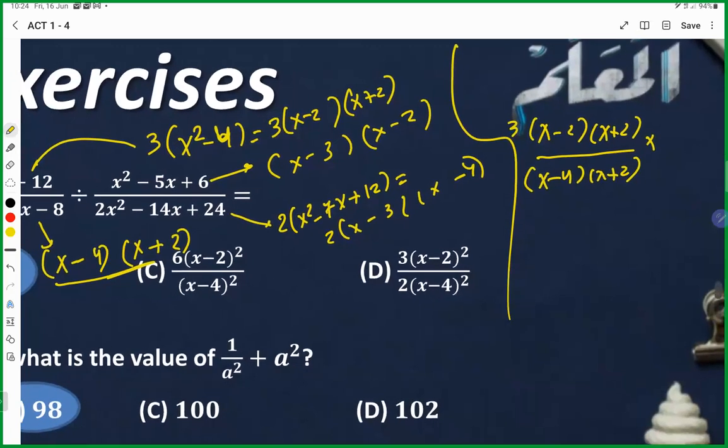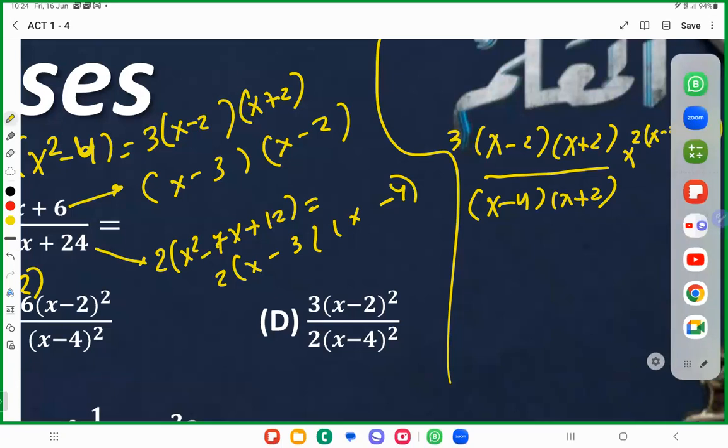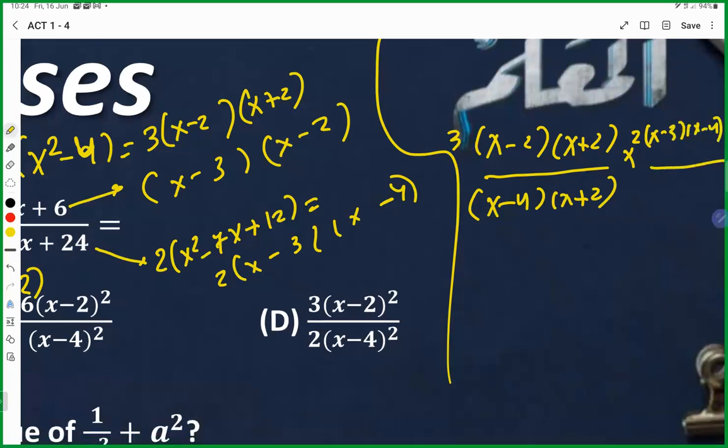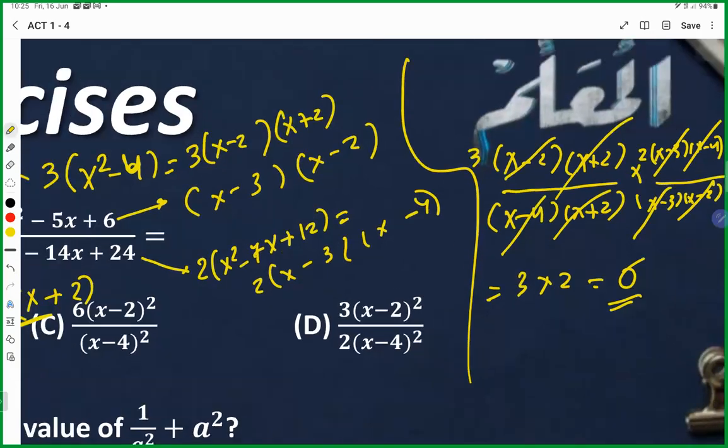So we now have 2 bracket, x minus 3 minus 4, all over x minus 3, x minus 2. Okay, fine. The factors x minus 2, x minus 3, x minus 4 and x plus 2 cancel. So at the end, I have 3 times 2. The answer is 6.